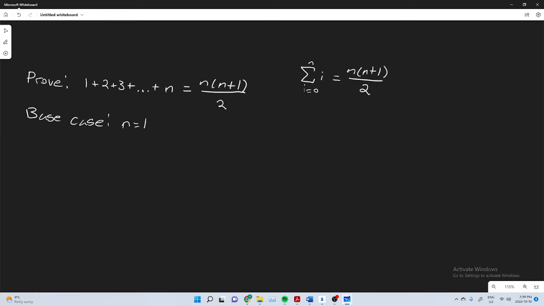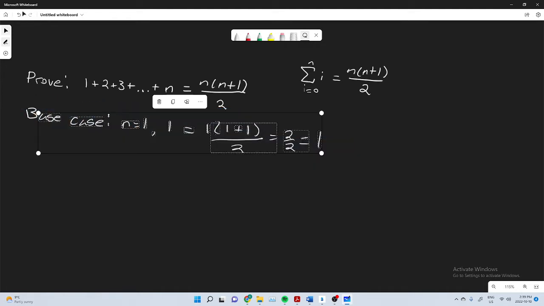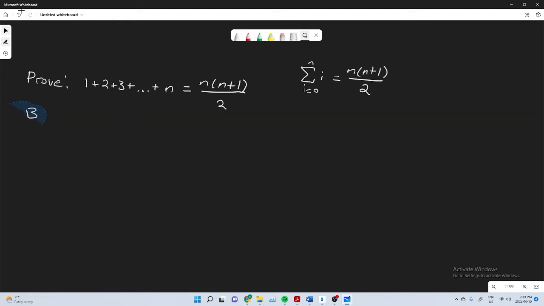And the right side would be 1 times 1 plus 1 over 2, which is just equivalent to 2 over 2, and that's equal to 1. So let me remove all that. We see that our base case is true because 1 does equal 1. So that is a true statement.